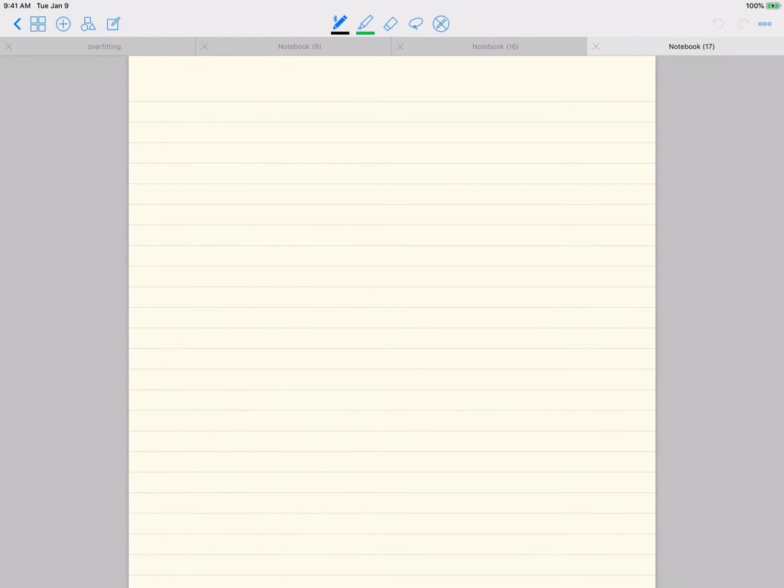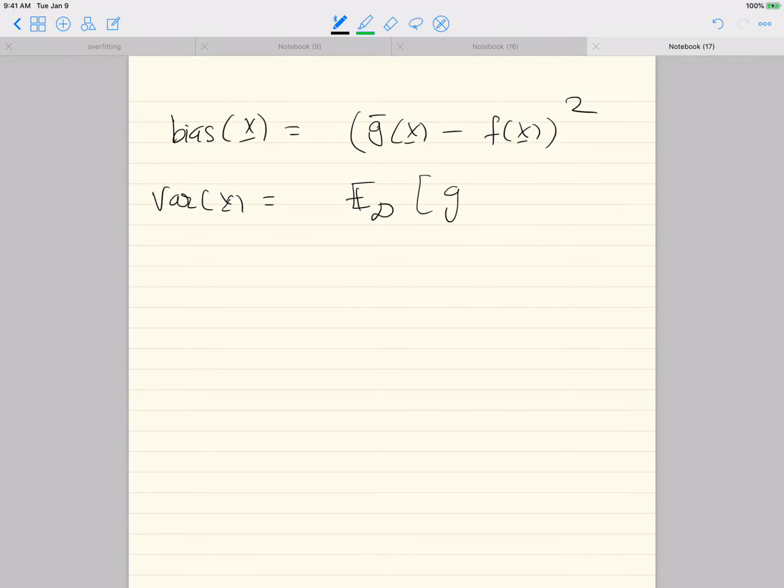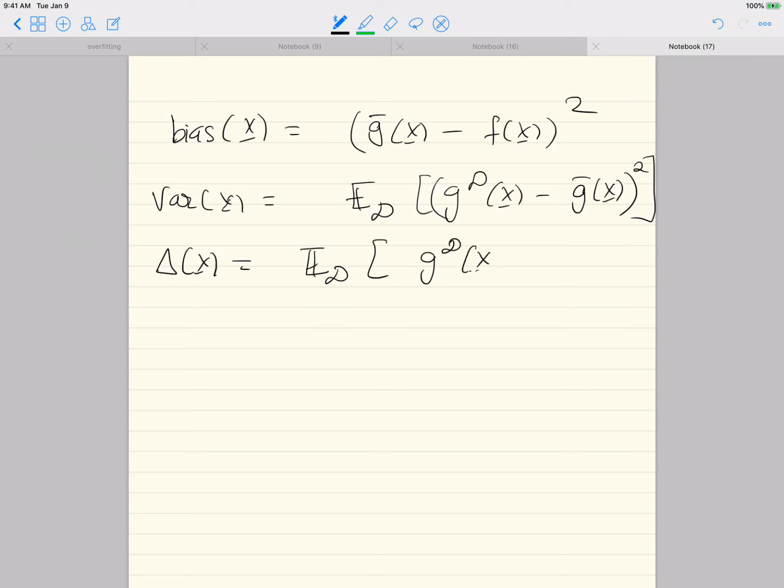We will show that if we define the bias of x as g bar of x minus f of x, squared, and the variance of x as the expected value over D of g_D of x minus g bar of x, squared, and delta of x as the expected value over D of g_D of x minus f of x, squared.